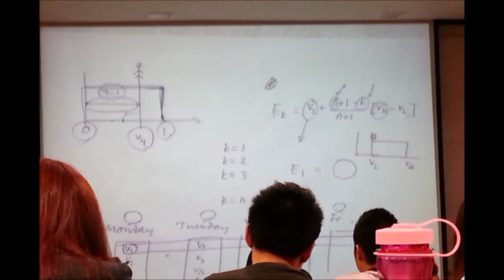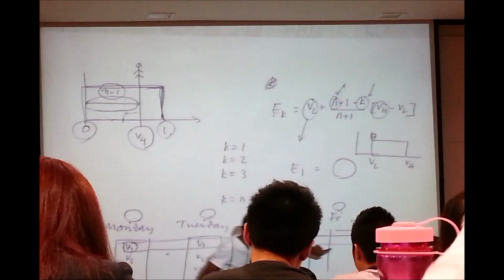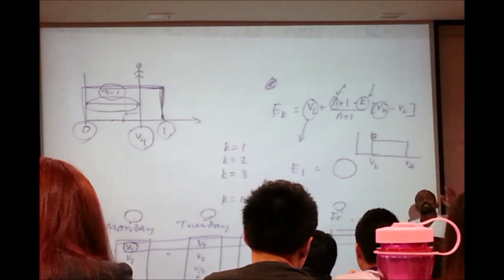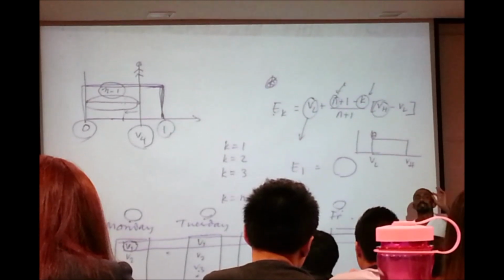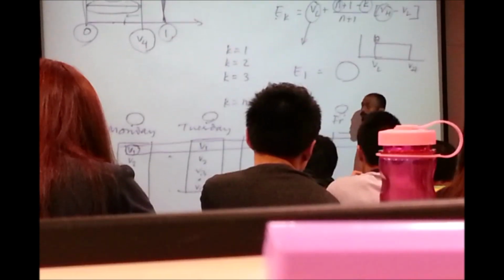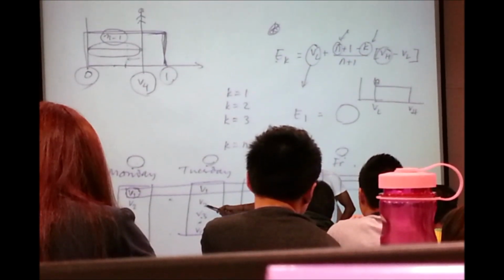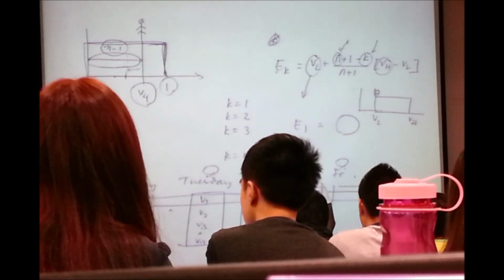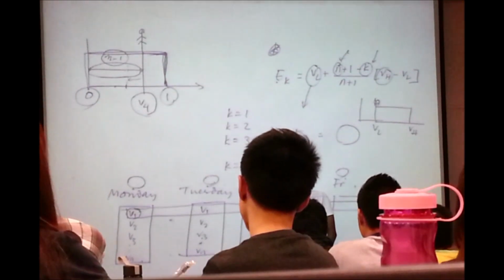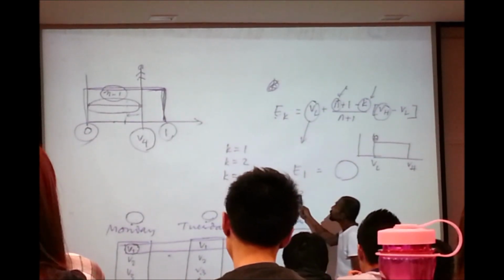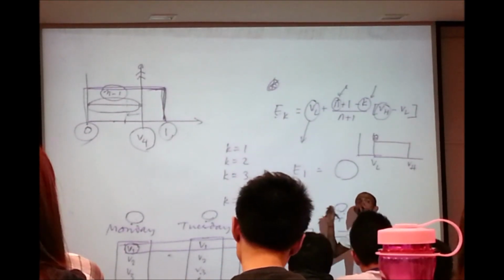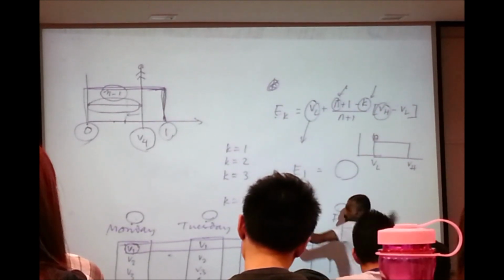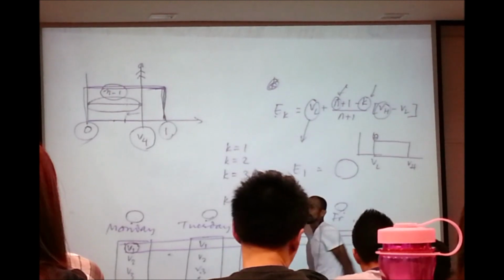Similarly, if I add up the V2 and take an average, that will be on average the second highest valuation. This one is the second highest valuation in this sample, but E2 will be the average second highest valuation over the whole population of bidders. That's what it is.